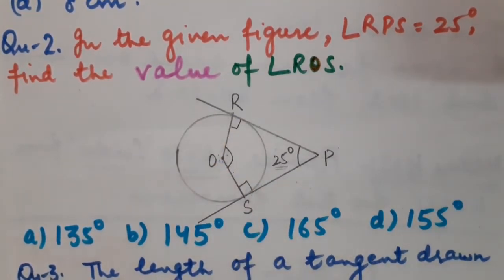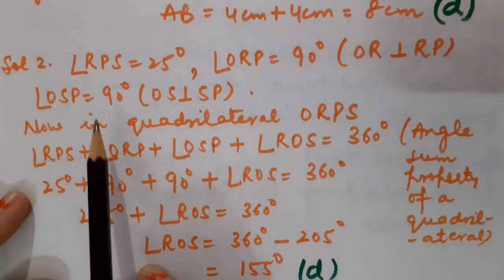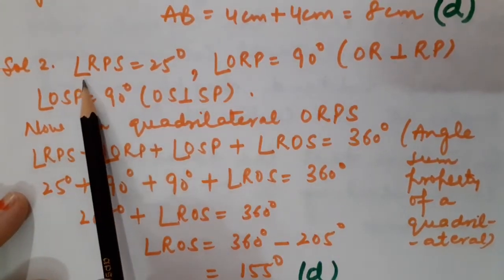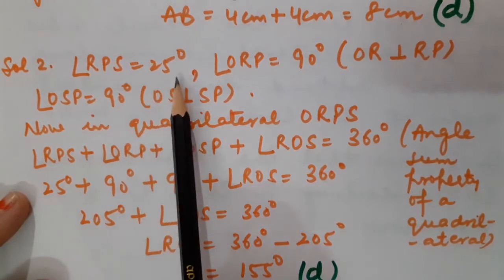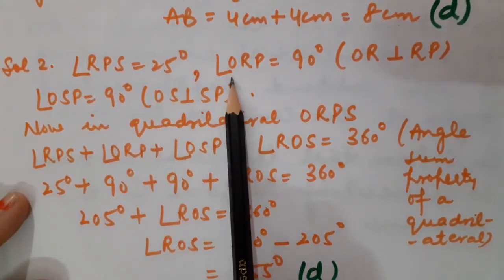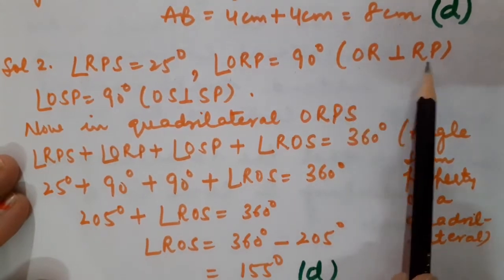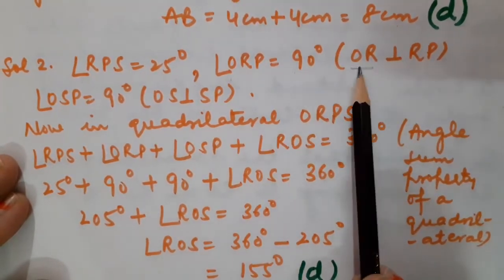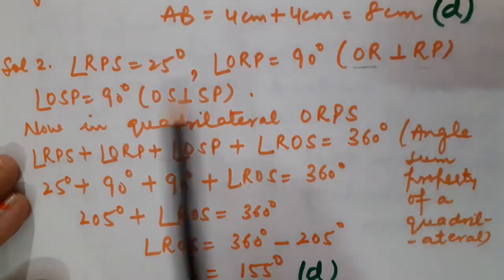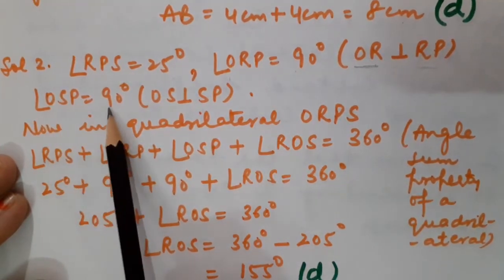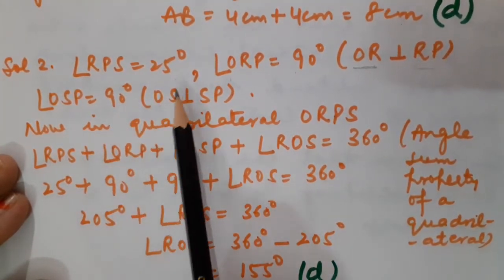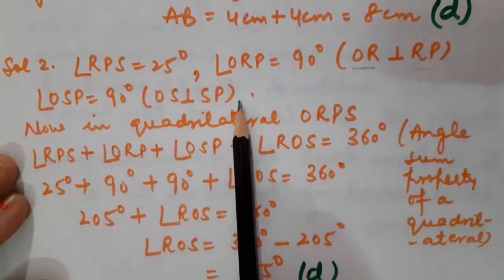Correct, children? So I have adopted method number 1. Angle RPS is equal to 25 degree. Angle ORP is equal to 90 degree. Why? Because OR is perpendicular to RP, OR is a radius and RP is a tangent. And angle OSP is equal to 90 degree, OS is also perpendicular to SP.